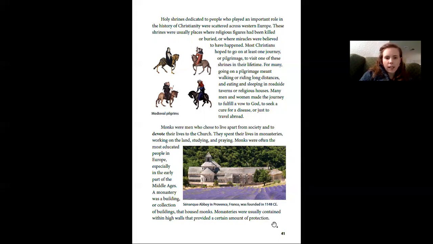Monasteries were usually contained within high walls that provided a certain amount of protection. And this is the Senanque Abbey in Provence, France, founded in 1148 CE. So a monk is kind of like a nun, but a monk is a man and a nun is a woman. They are people who are leaders in the church.